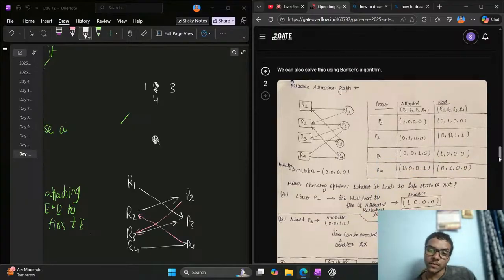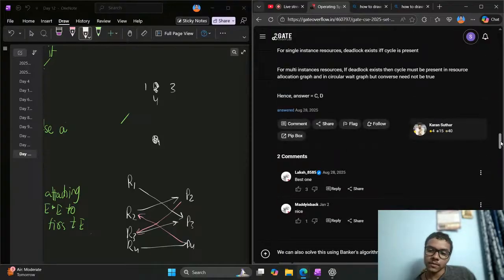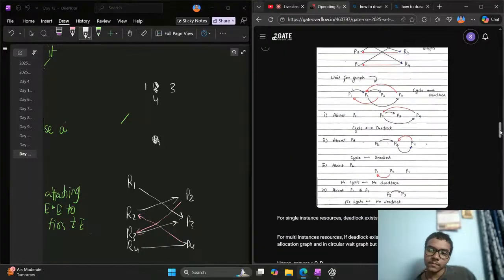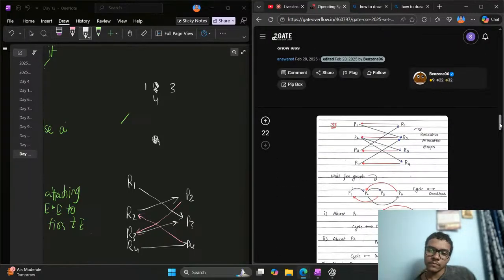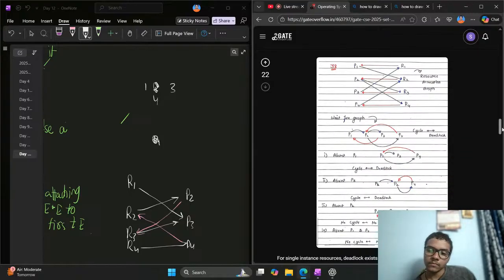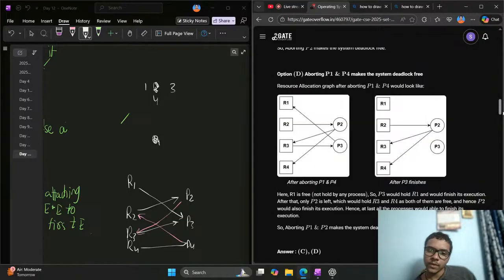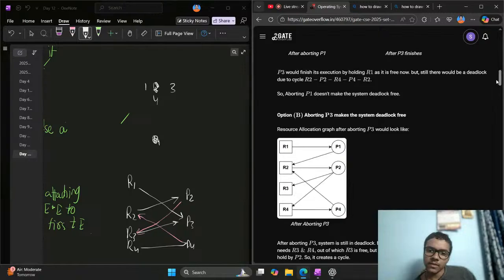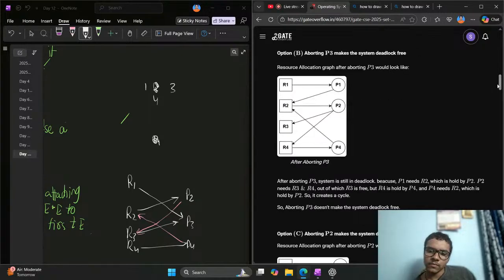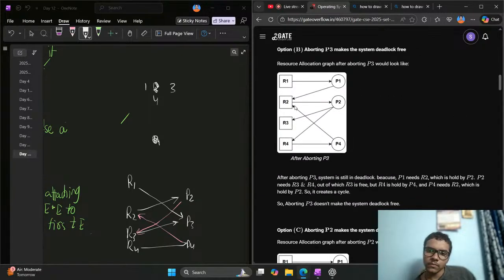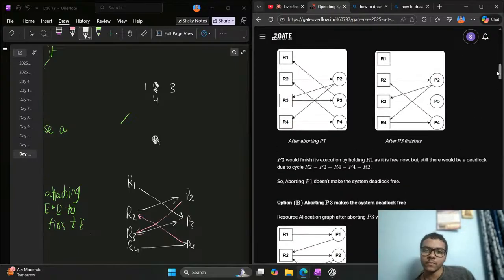You can do it using Banker's algorithm. I see. So aborting P3 is still deadlock. Three and four, okay. Got it.